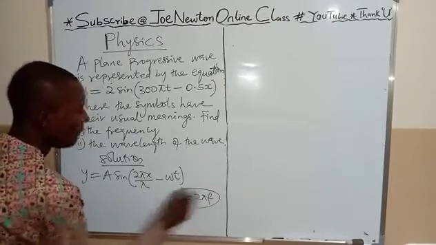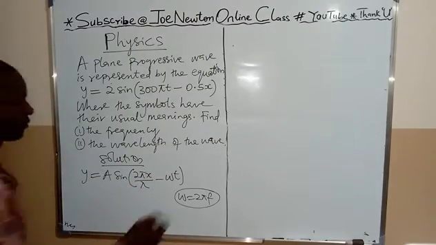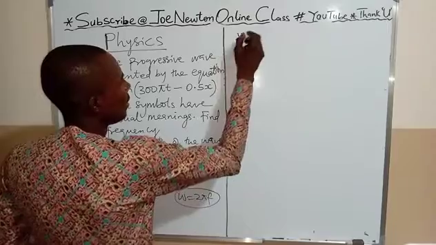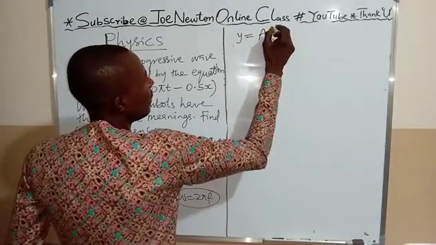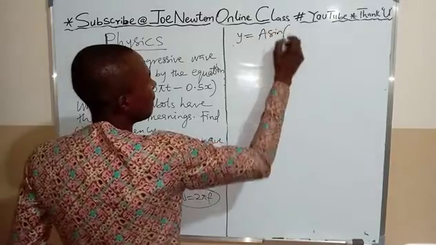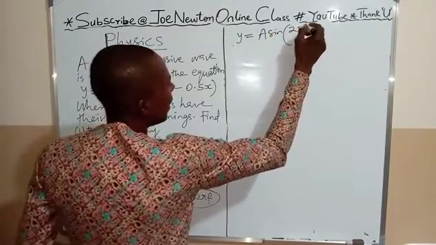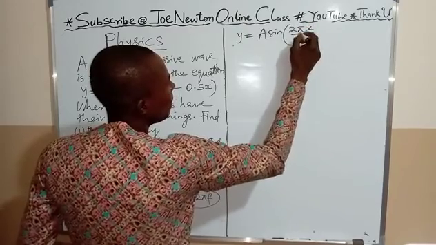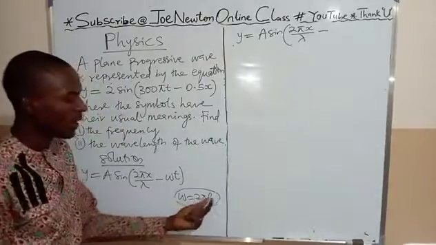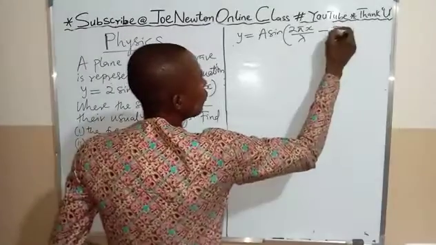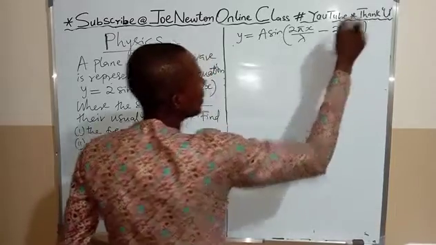Then when we substitute in this equation, it will give us that y equals A sine bracket open 2 pi x over lambda minus, when we substitute 2 pi f for omega, minus 2 pi f t bracket close.